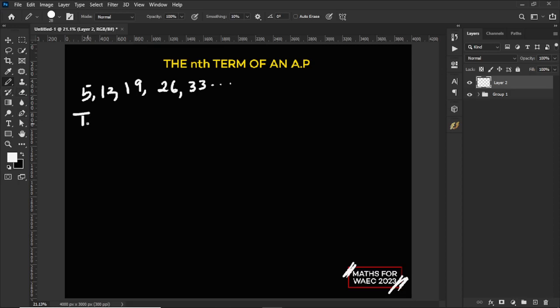T1 is 5, and that's what we refer to as A. And T2, the second one, is 5 plus 7.